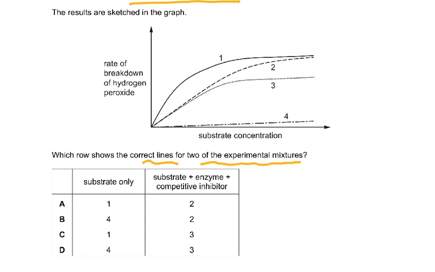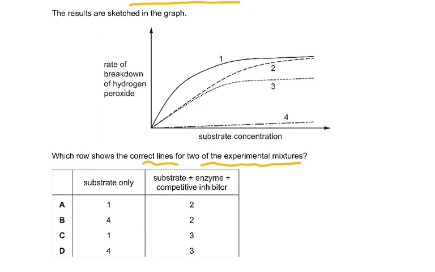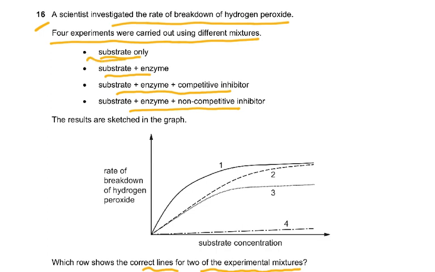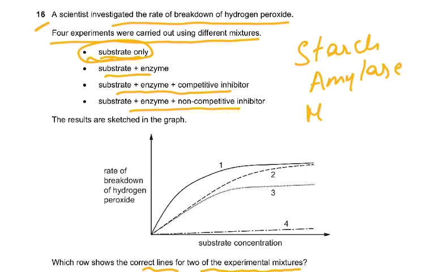Substrate only, 1, and substrate and enzyme and competitive inhibitor, 2. So we have to look at these lines and see which was substrate only, and which was substrate plus enzyme plus competitive inhibitor. Now we've got to remember substrate only. Whenever I say that, you always think: there is starch, there is an enzyme called amylase, and the product is maltose.